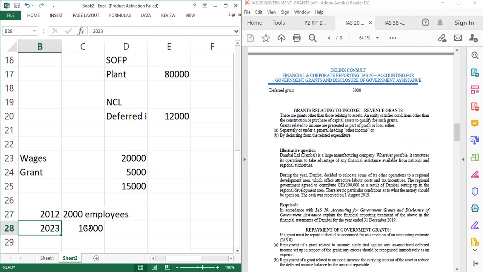Will you be waiting to employ new employees, 2,000, before you recognize the grant, or you just recognize the 10,000 and say that we have done this before? Since the government is saying those who have done it before qualify for the grant, I think we will take it. Yes, we just recognize the grant.